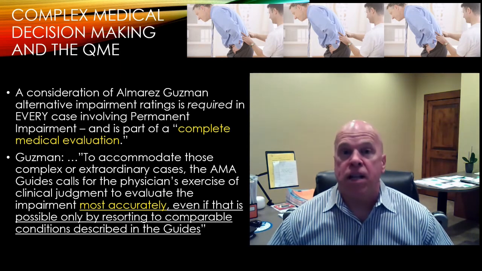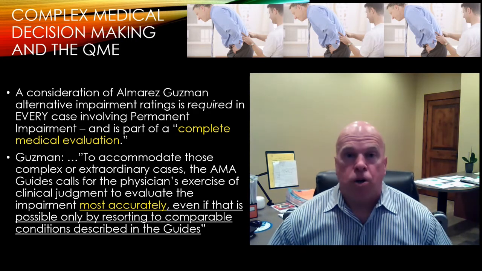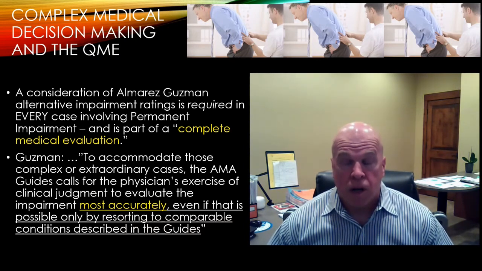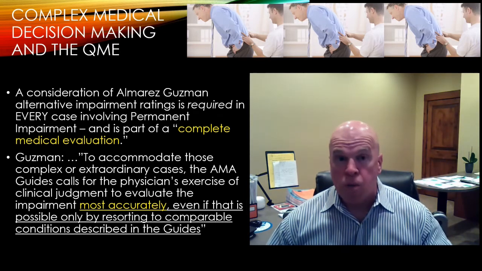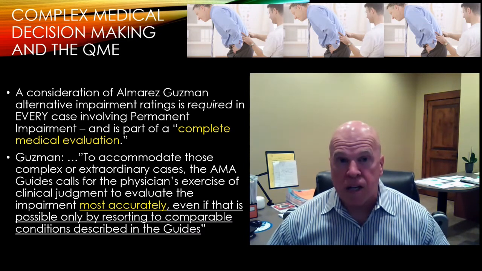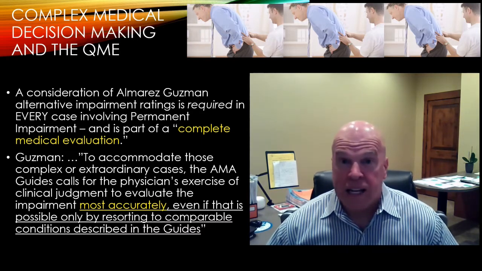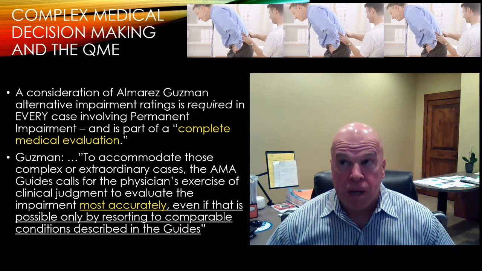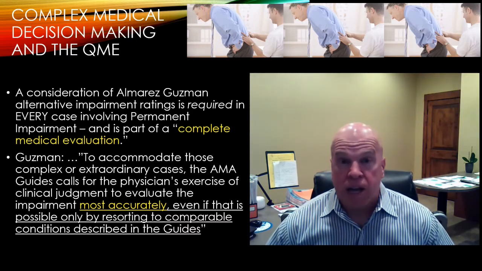Now, let me clarify that just a little bit. It's not required that you provide an alternative impairment rating in every single case. In fact, some qualified medical evaluators have never provided an alternative impairment rating under Alvarez and Guzman. It's not required that you provide an alternative impairment rating, but what is required is that you consider any other alternative impairment descriptions for your examinee's condition that may be more accurate than the description that's provided under the strict application of the AMA guides.